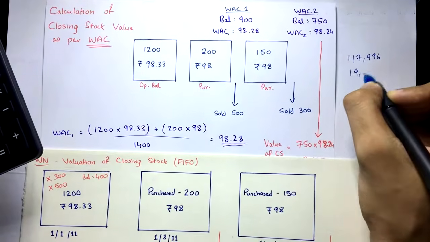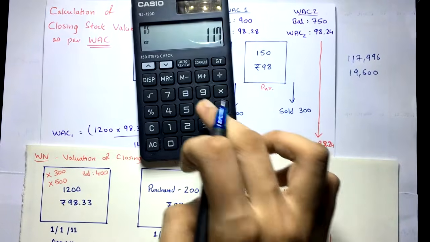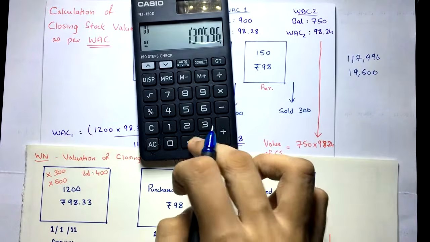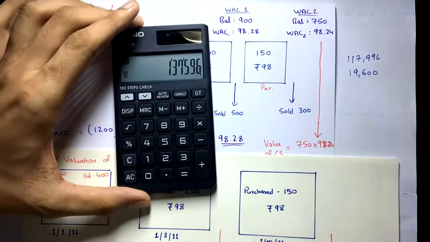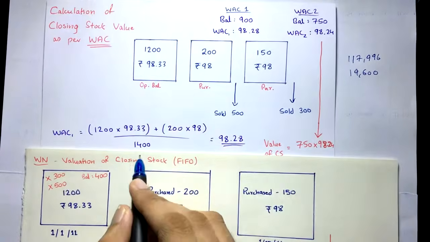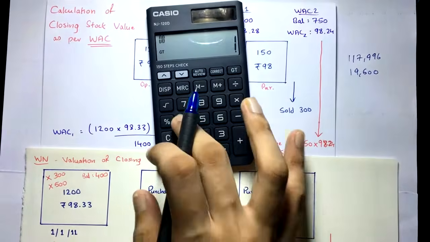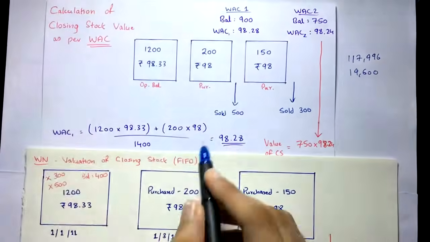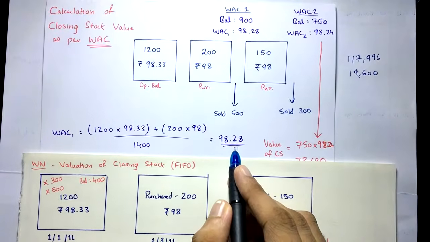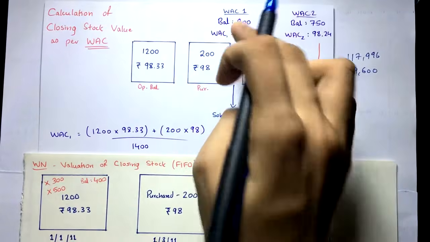If you add those two together, 1,17,996 plus 19,600, it becomes 1,37,596, divided by the total quantity 1,400. You get 98.28. This is the WAC 1, the weighted average cost of these two lots. Is that clear? So you have calculated the WAC 1 successfully.